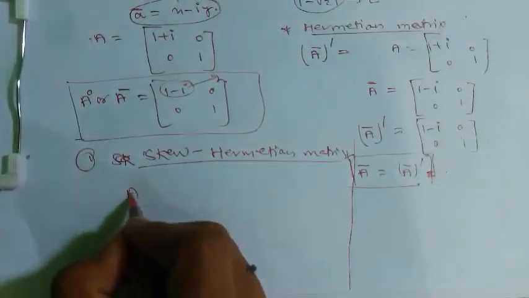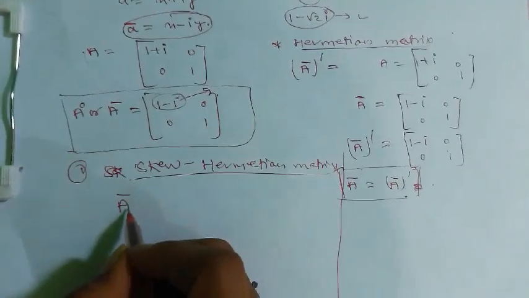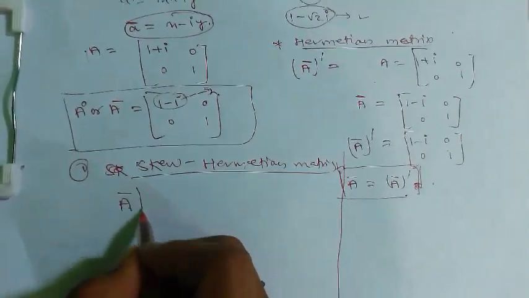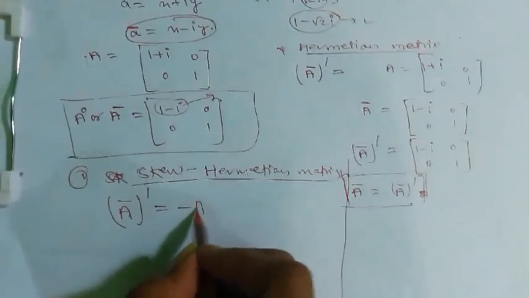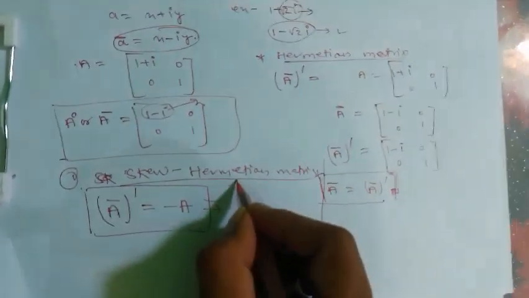When we take a matrix, after taking the conjugate of this matrix, we take the transpose of this matrix, and this is equal to minus A. This property holds if the matrix is skew Hermitian.